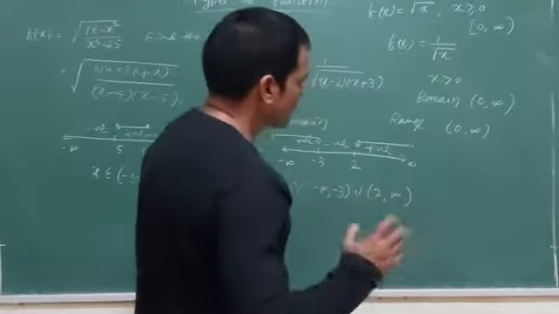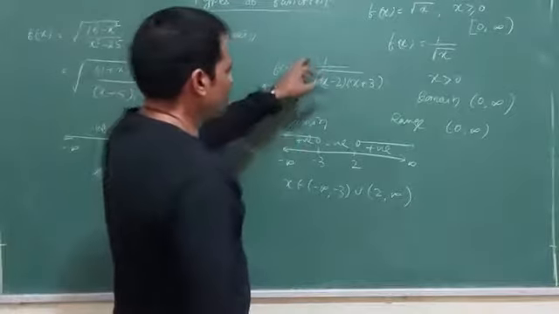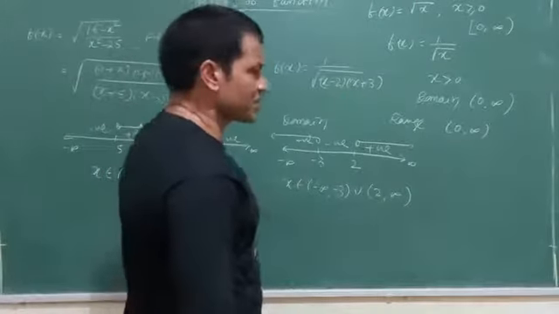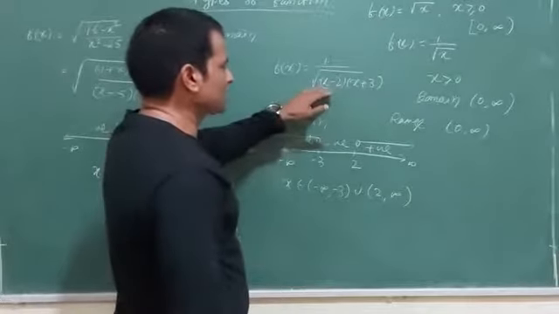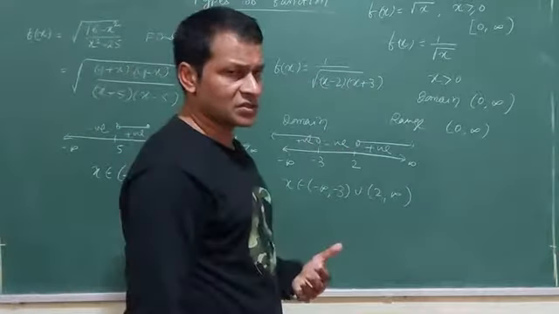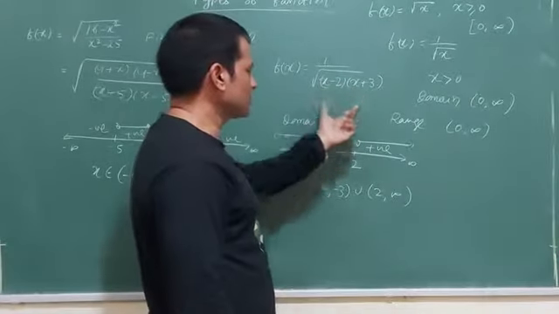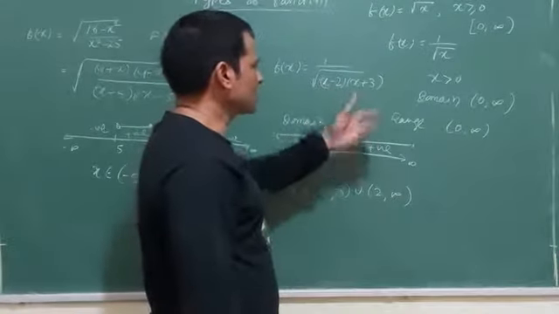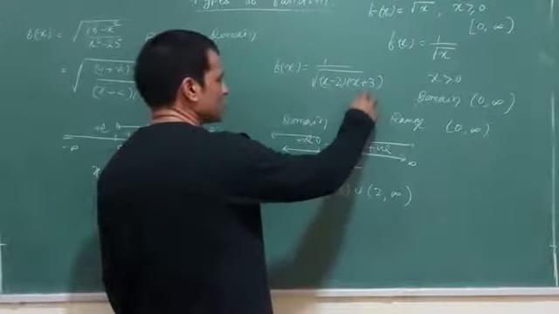Now suppose I solve a simple question related to this: f(x) = 1 by under root (x minus 2)(x plus 3). This expression is in the denominator of a square root function, so it is only greater than 0. That means x minus 2 equated to 0 gives the value 2, and x plus 3 gives the value minus 3.